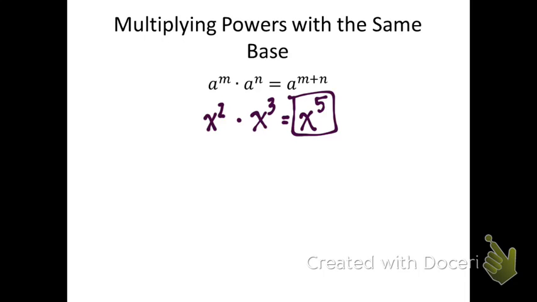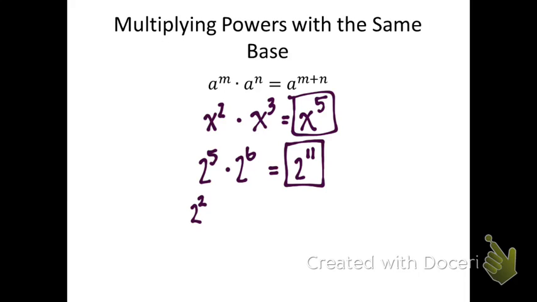Same thing would work if you had numbers. Let's say it's 2 to the 5th times 2 to the 6th. You would add the exponents and you get 2 to the 11th power. You could also combine exponents and bases. You could do 2 to the second x to the third times 2 to the fourth x to the sixth power.